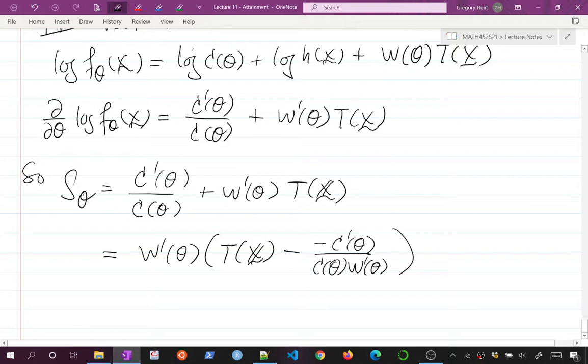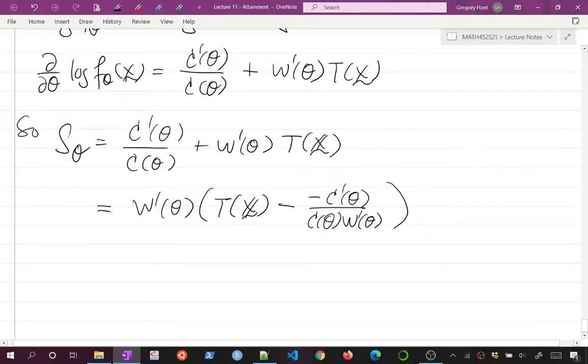If I cancel my negatives here, so I have negative, negative, that will give me, and then I multiply by w prime theta, that will give me the above line.